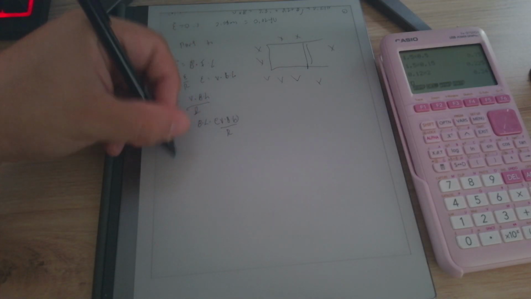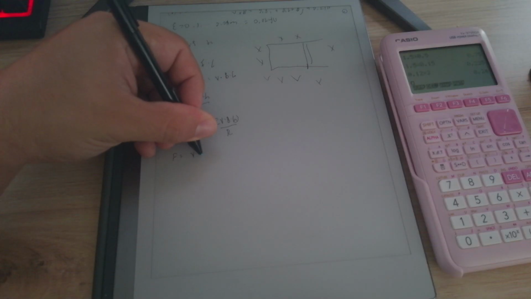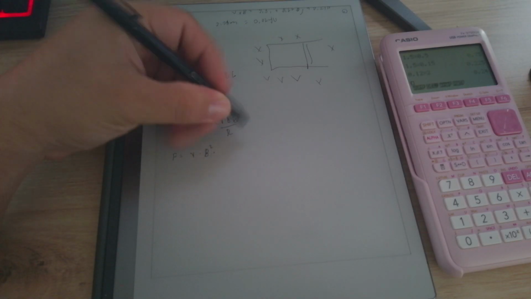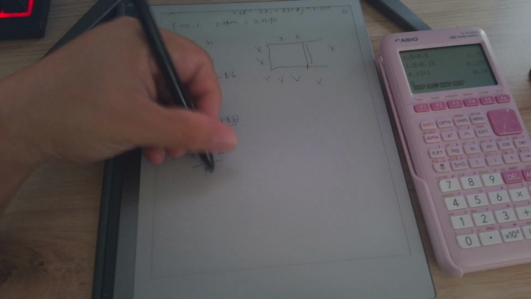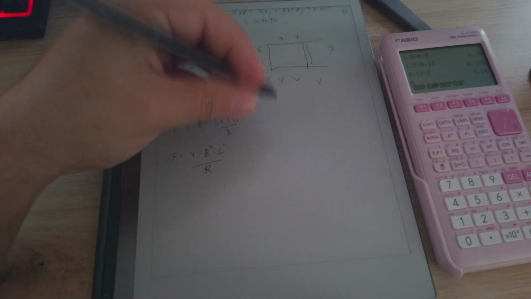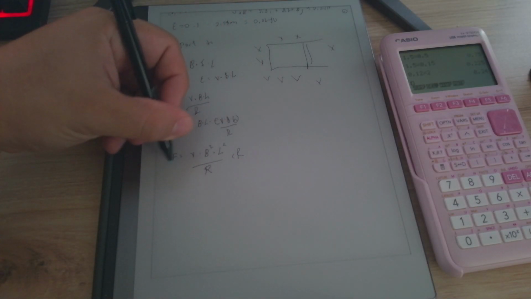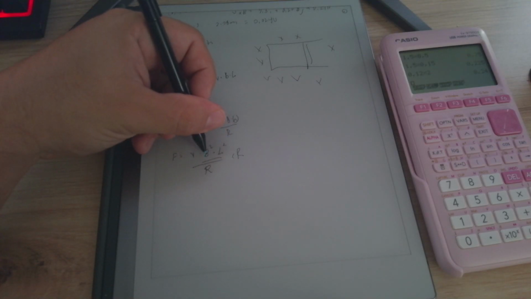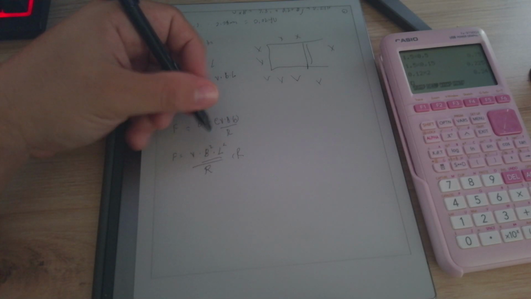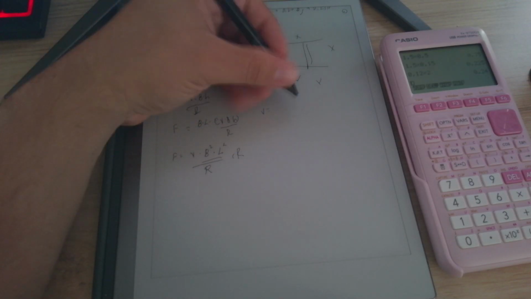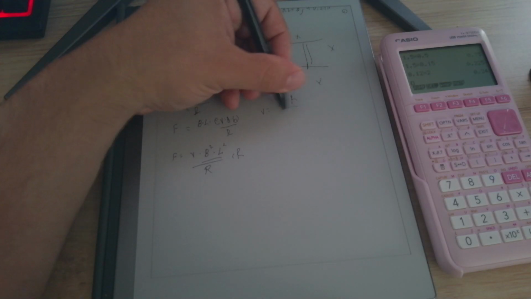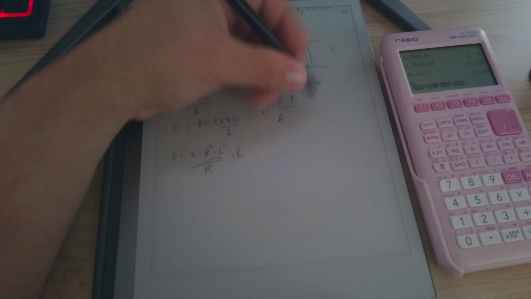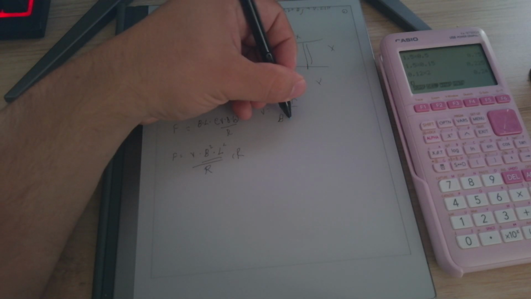So this would just turn into force equals velocity times field squared times length squared, all divided by resistance. So we have to figure this out. Multiply resistance on both sides, and then divide by our field and length, which turns into velocity equals force times resistance divided by our magnetic field squared multiplied by our length squared.